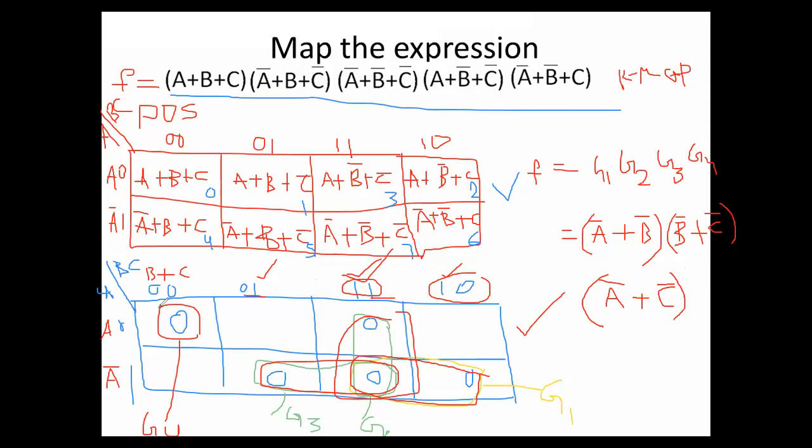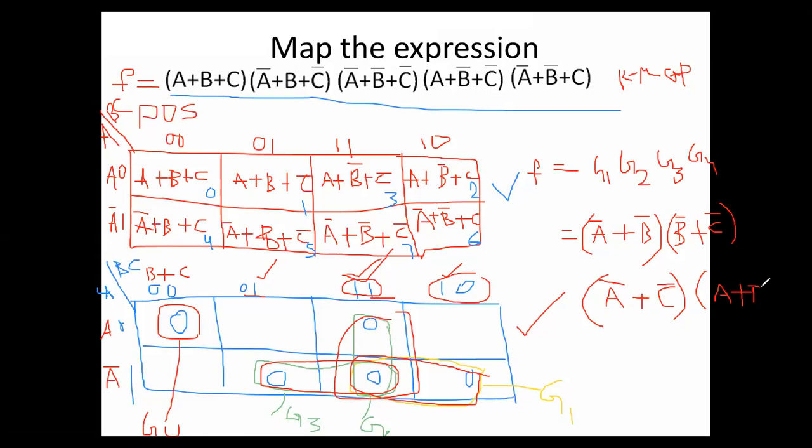What about group 4? Here no pair is possible. So, A is 0, that's why the uncomplemented form, A plus B plus C, since B is 0 and C is 0.